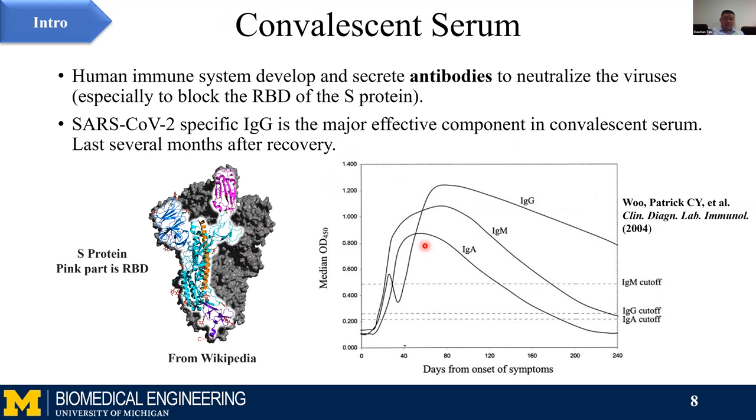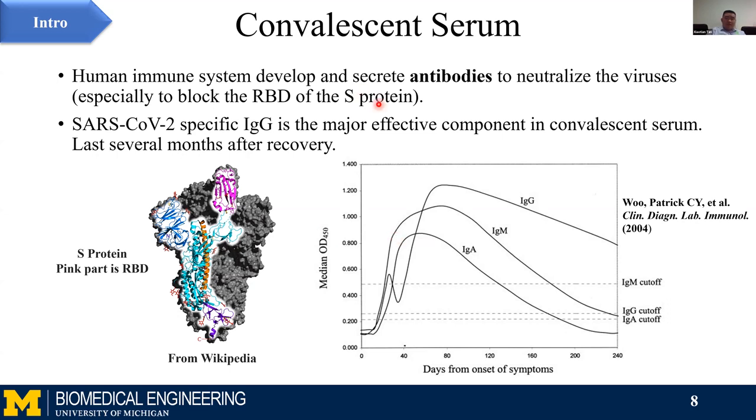During a COVID-19 infection, if the virus infects a healthy human, this person can develop and secrete antibodies to neutralize this virus, as I introduced in the previous slides, especially to bind and block the receptor binding domain of the S protein.